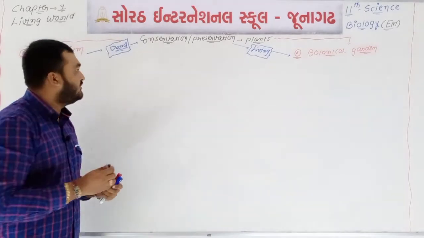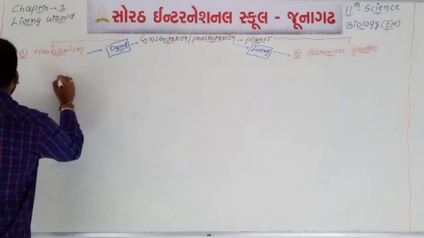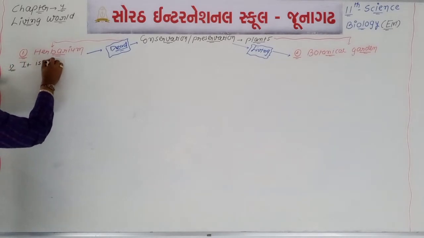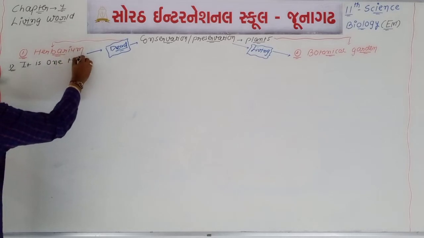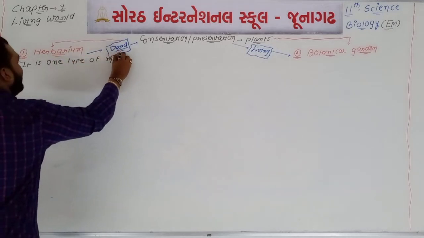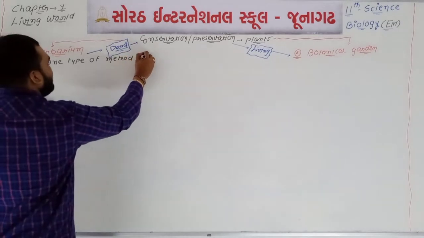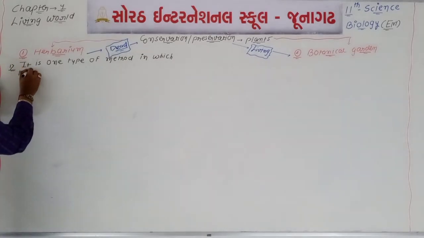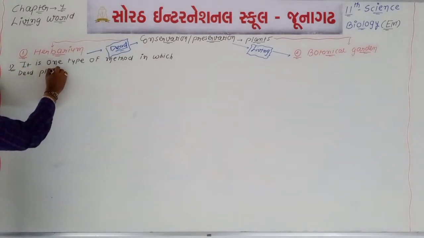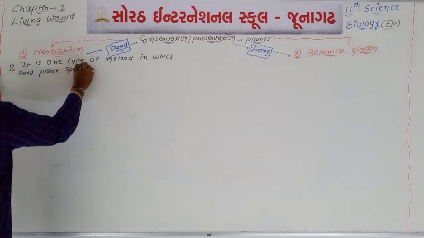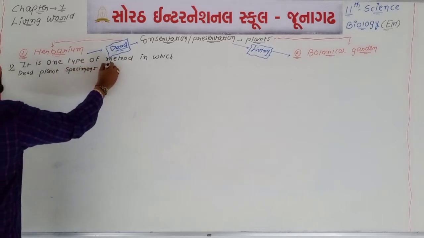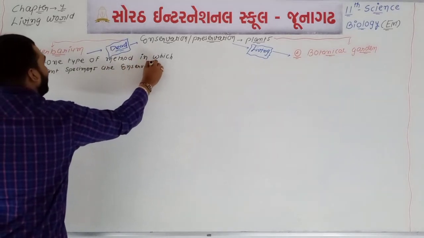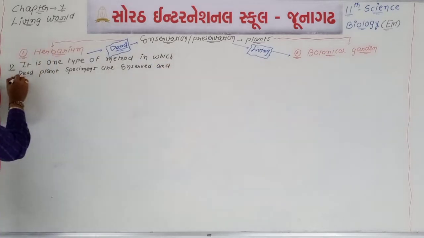First of all, we are going to start with the first short note, which is herbarium. First point, we can say that it is one type of method in which dead plant specimens are conserved and preserved.